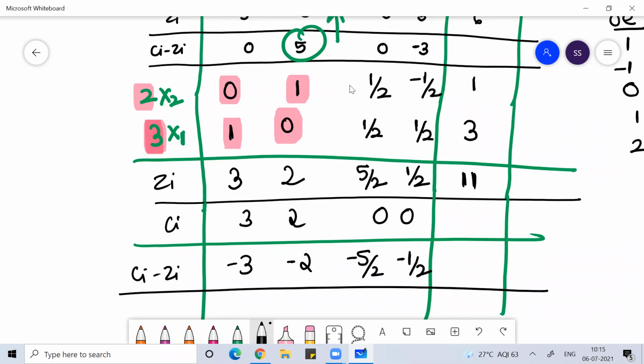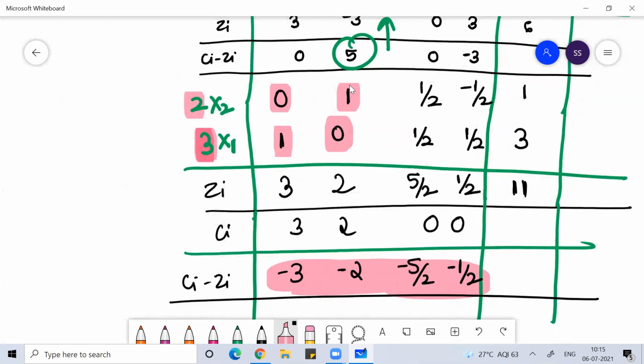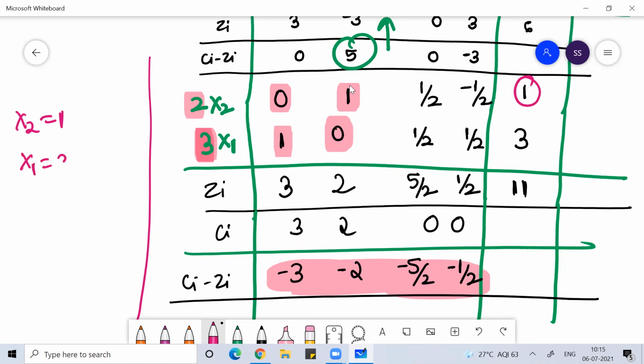Once you get this, you can understand that if ci minus zi are either 0 or negative, it means we get the optimal solution. So our optimal solution is x2 equal to 1, x1 equal to 3, and the maximum value of z is equal to 11.